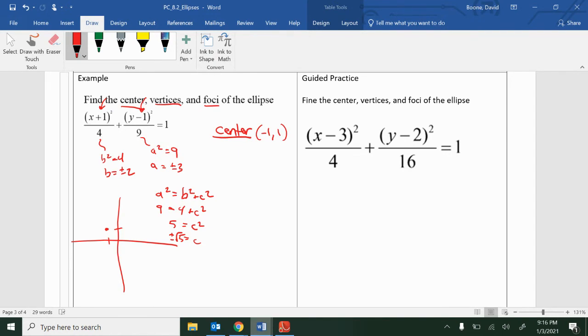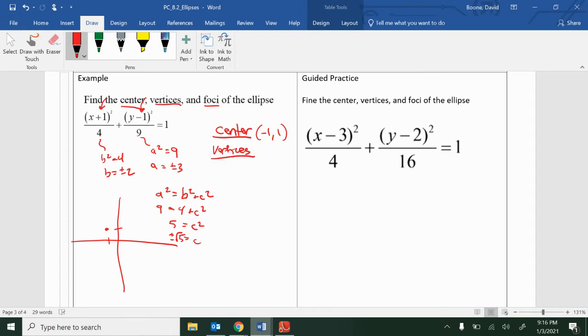Okay. So now remember, these different values will help us figure out the rest of the points that we need, because we need to find the vertices.